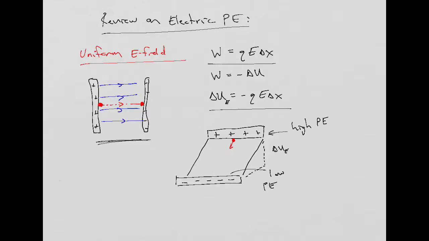All right, so that was for the uniform electric field, and we did an example of a charge accelerating in a uniform electric field. I think that was example number 14 or something like that. Then we took a new case of point charges. We said that anytime a charge is inside an electric field, it is going to have some potential energy associated with it.